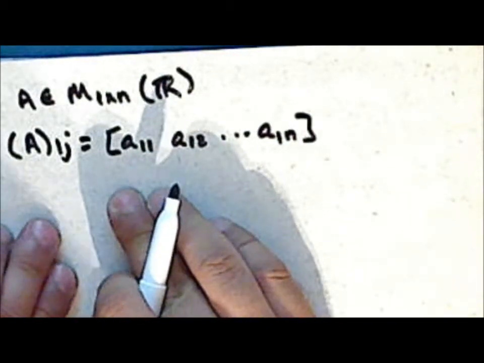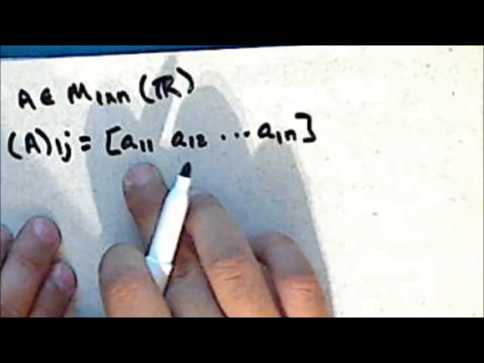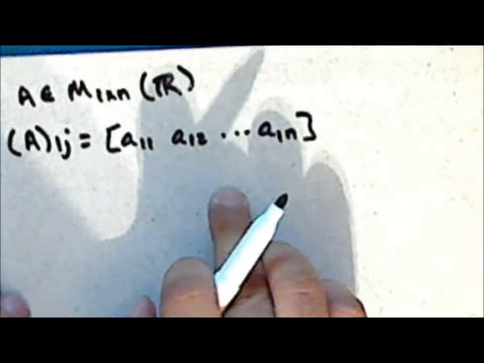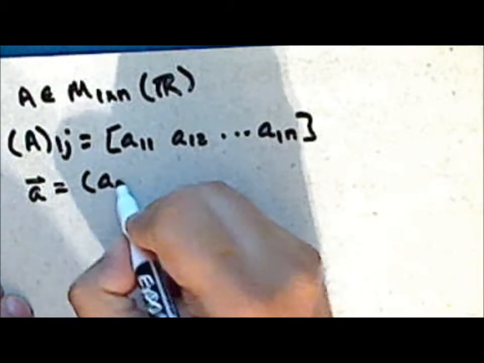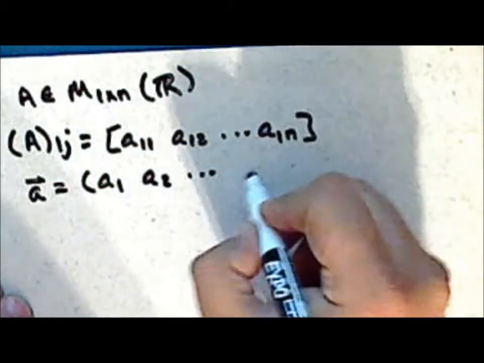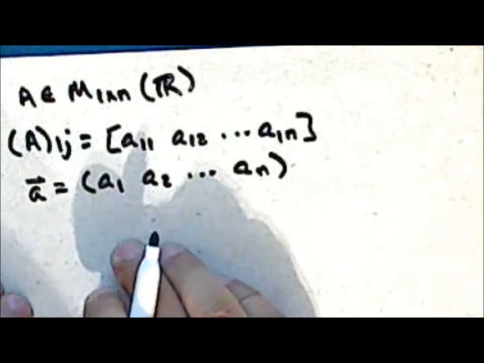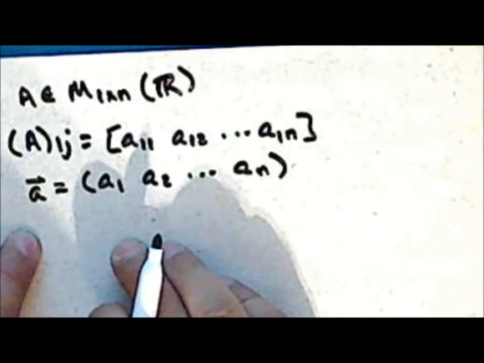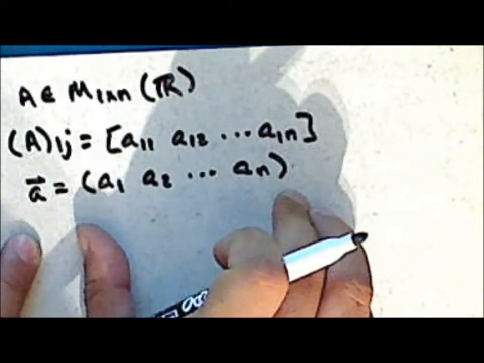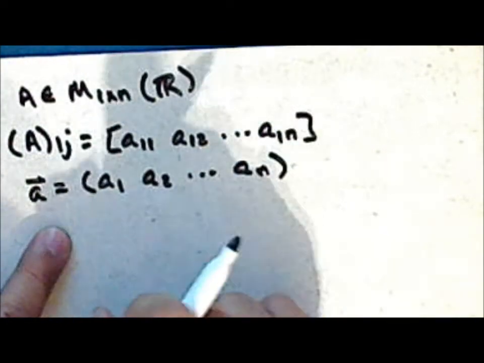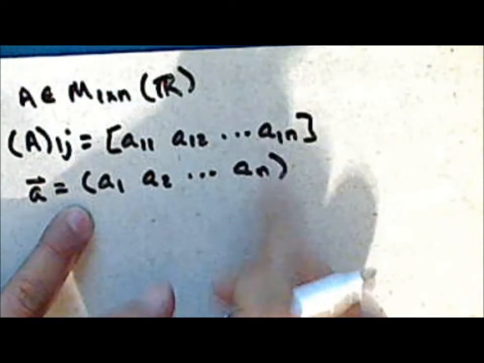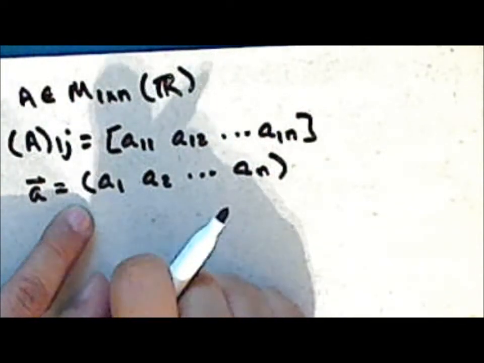But because there is a single row, it becomes redundant to use two indices. And so instead, we say that we have a vector A whose components are A1, A2, and so on, up to An. Now, in the context, we would need to make clear that we are speaking of a row vector, and you'll often see, rather than square brackets, either parentheses or angular brackets to enclose the components of a vector.